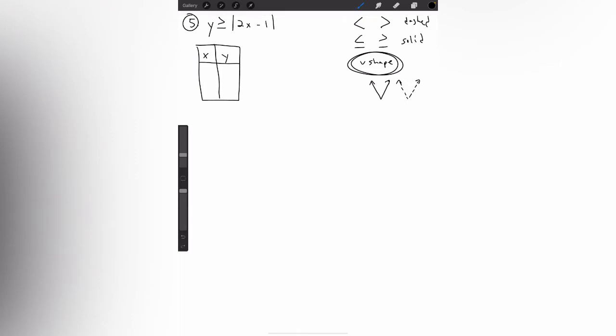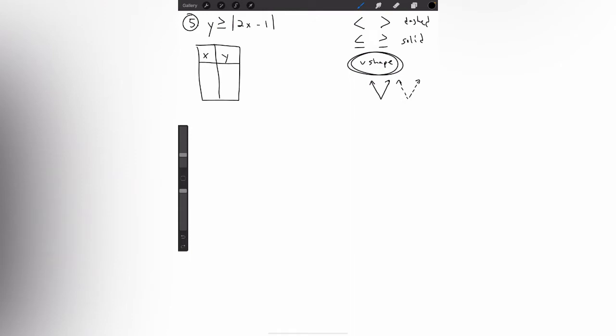So with absolute value, I know usually I always say my 3 favorite points to pick are 0, 1, and 2. But with absolute value, it's good to pick some negative values as well, just so that way we're able to graph on the left side of the y-axis.